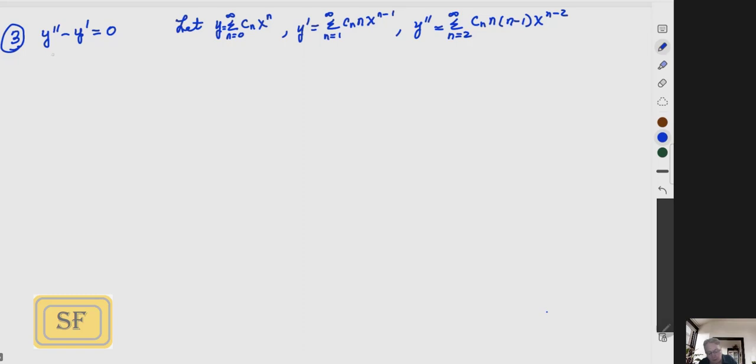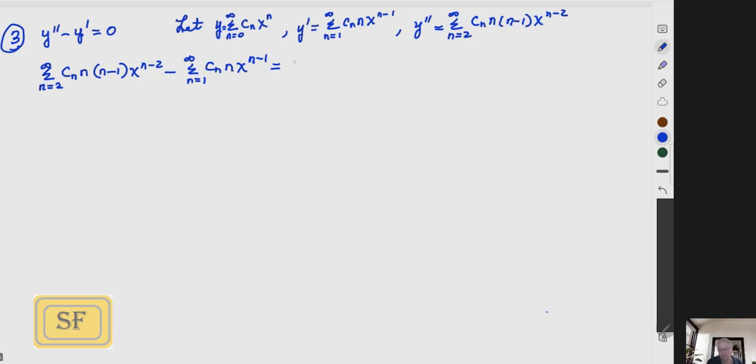So y double prime, that's sum n goes from 2 to infinity, c sub n times n minus 1, x to the n minus 2, minus y prime, the sum n goes from 1 to infinity, c sub n times n, x to the n minus 1 is equal to 0.